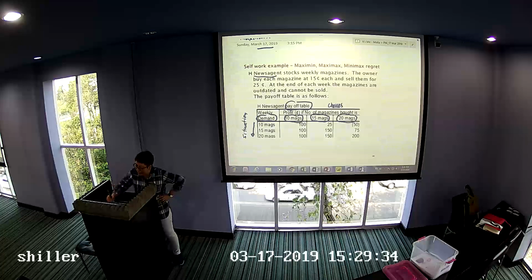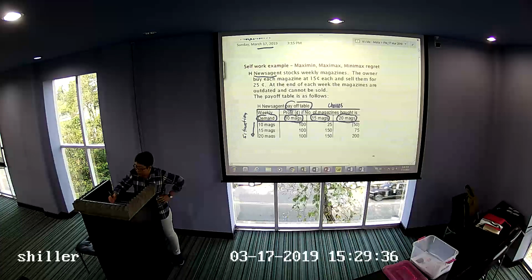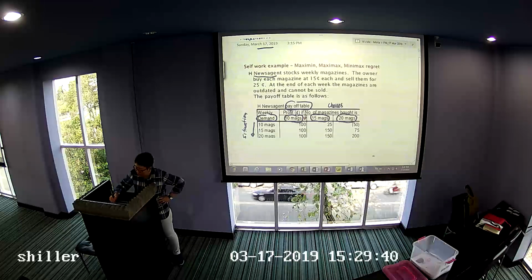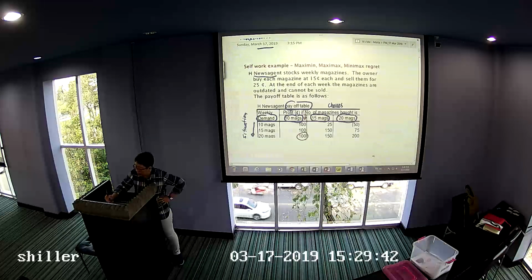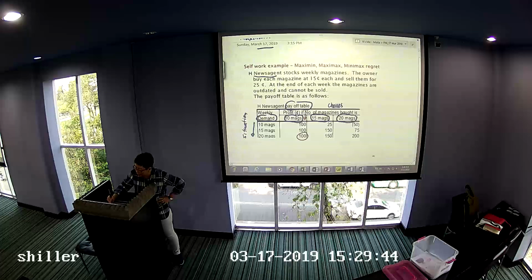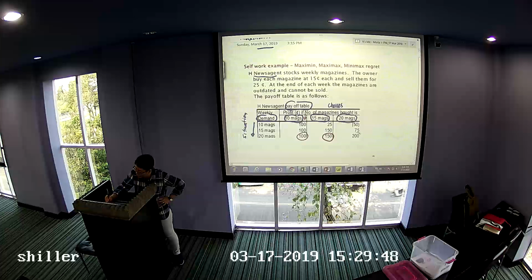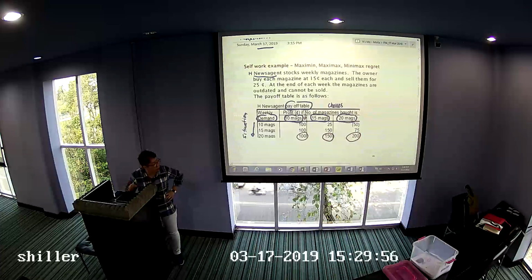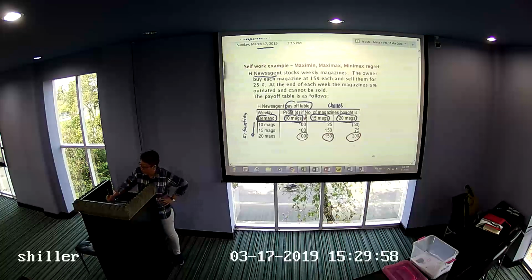Yes? Okay. Maximax. Alright, so look down. What is the maximum if it's 10? Well, 100. What's the maximum if it's 15? 150. What's the maximum if it's 20? Okay, now choose the maximum. Which of the circled ones are maximum? 200.